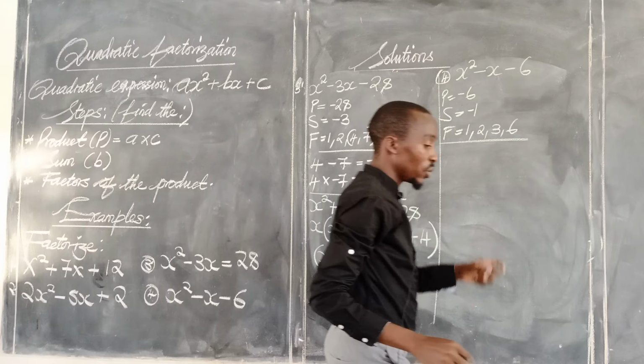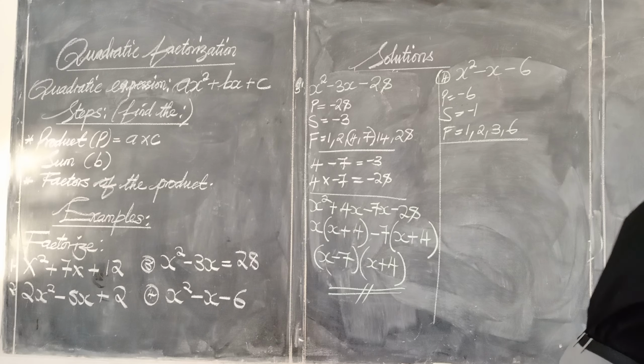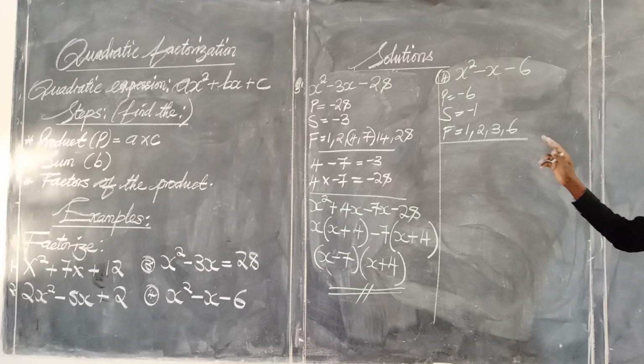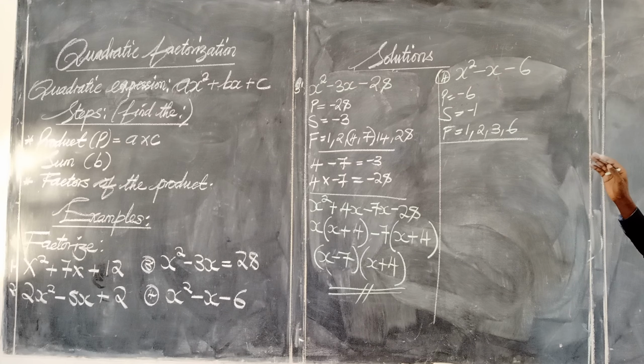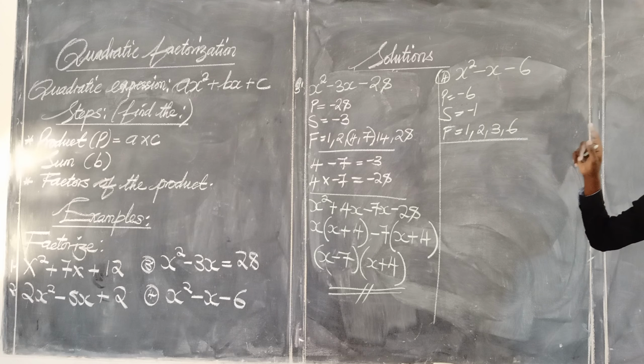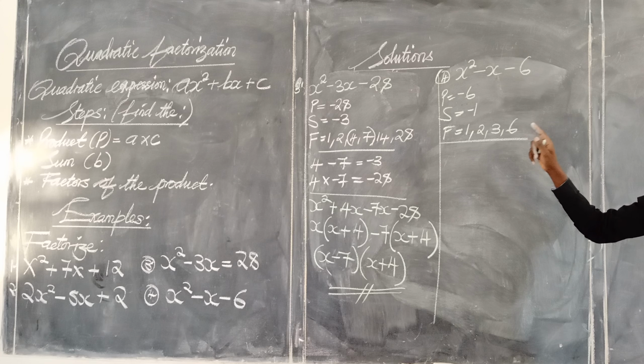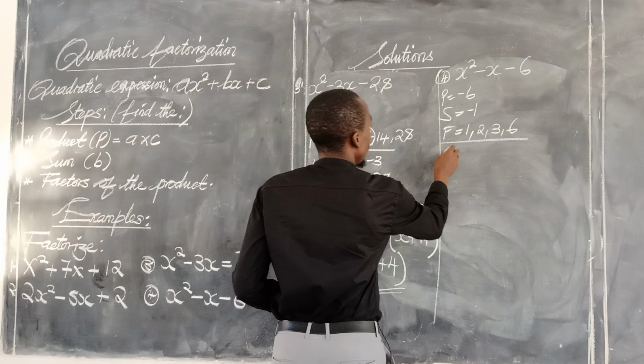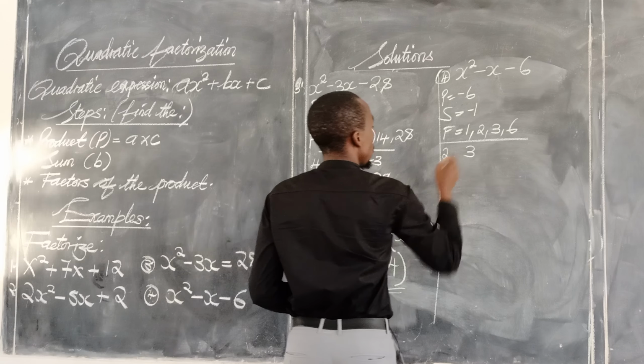From there, we choose two factors that, when we add them, give us negative 1, and when we multiply, give us negative 6. Those two numbers are 2 and 3.